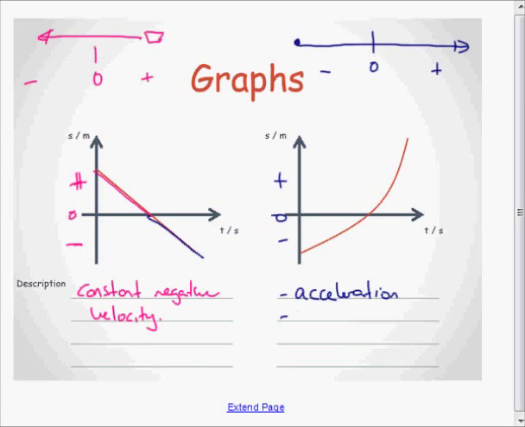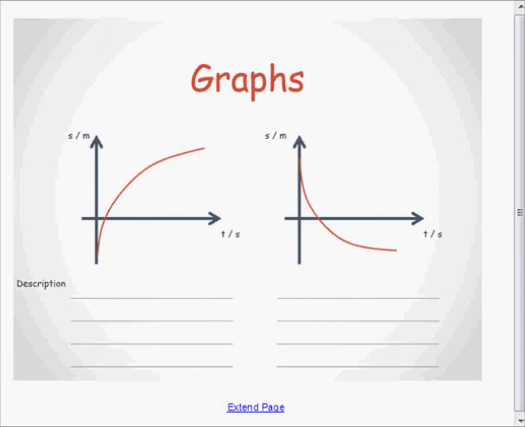It is positive, okay, because it's getting the positive values larger. This one here, you can think about it, the change in displacement for that amount of time is quite large. For that same amount of time over here, there is a small change in displacement.